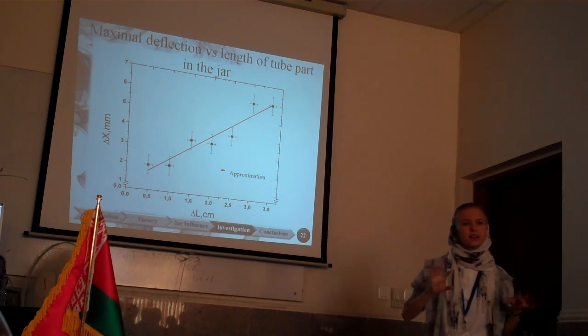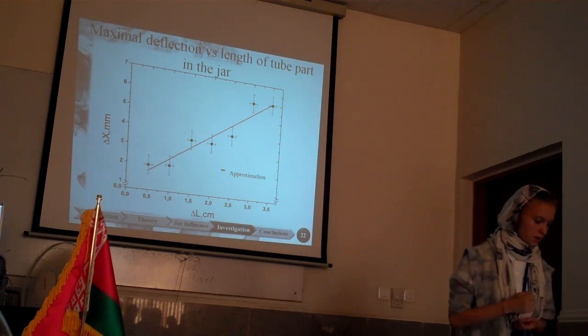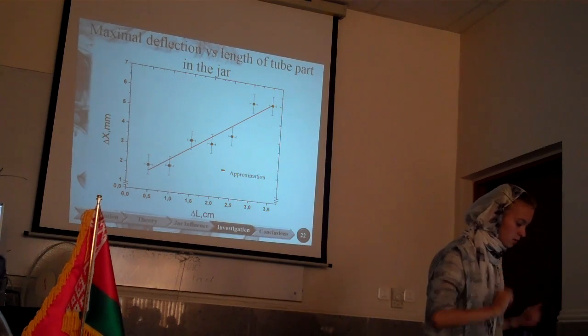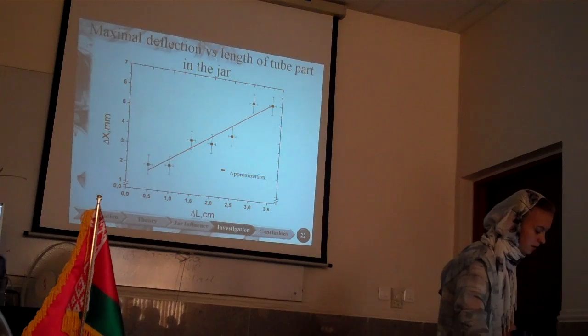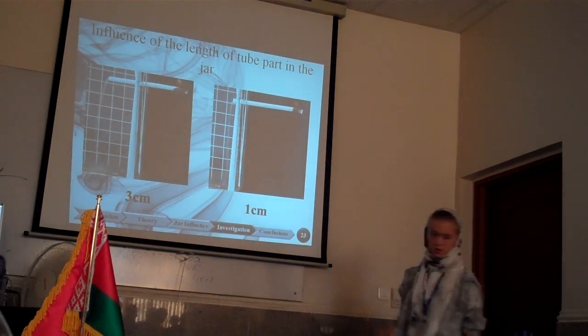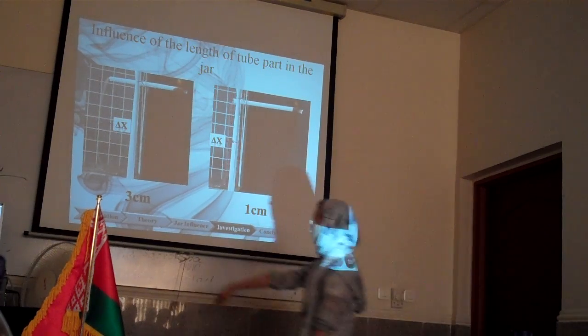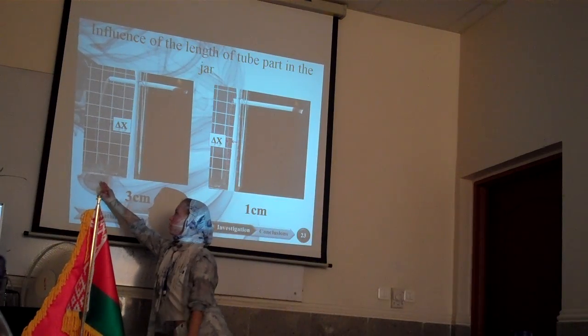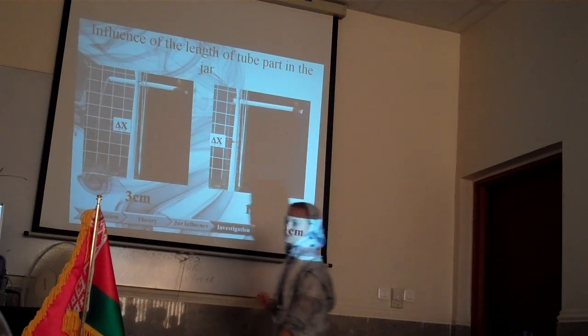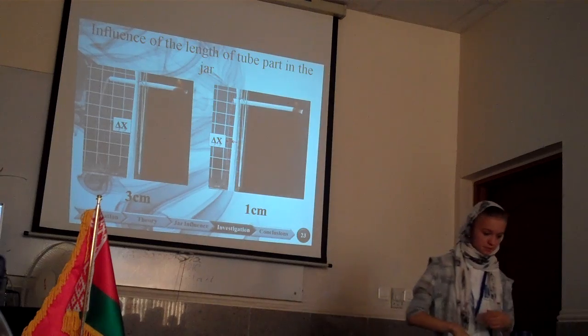This line is only a qualitative approximation: with increasing tube part in the jar, we have increasing deflection. And as you can see from these photos, the deflection for the largest tube part in the jar is more than for the smaller one.